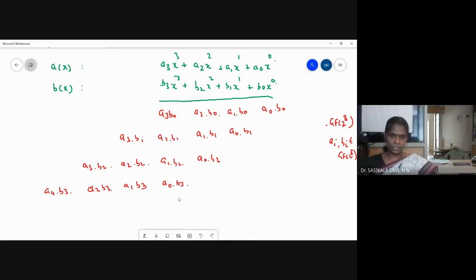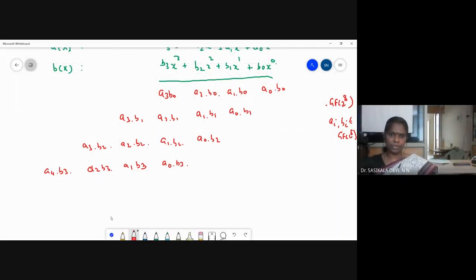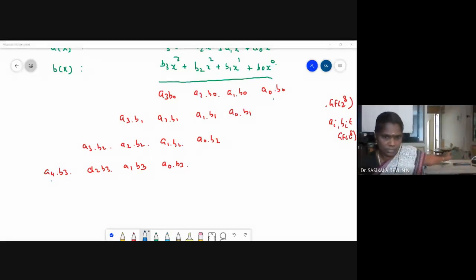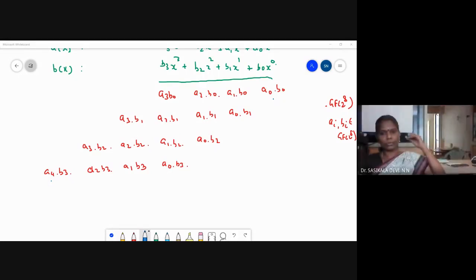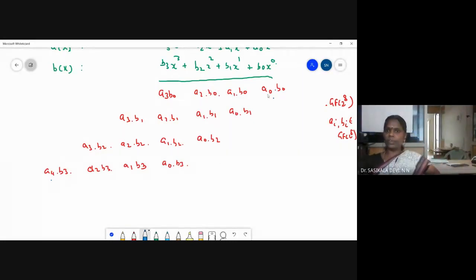So let's represent all these things. Let's start with this. This will be the coefficient a0 into b0, let it be c0, the coefficient of the x power 0 term. And this is the coefficient of the x power 1 term.